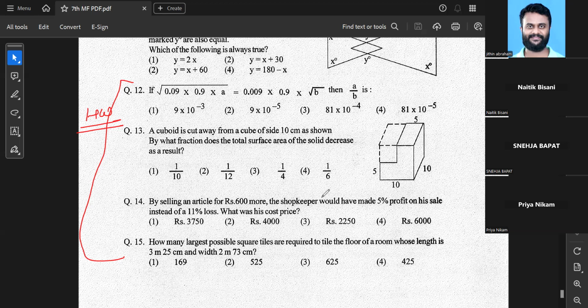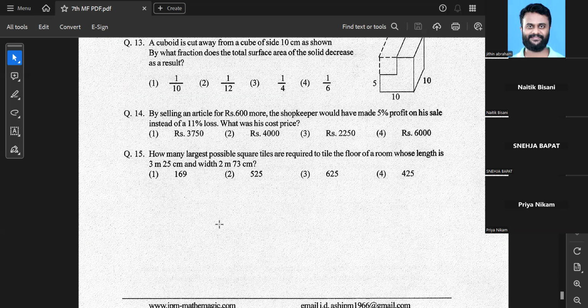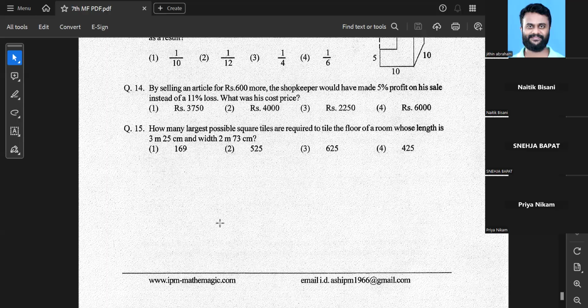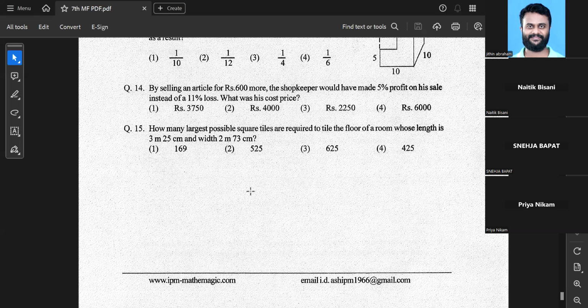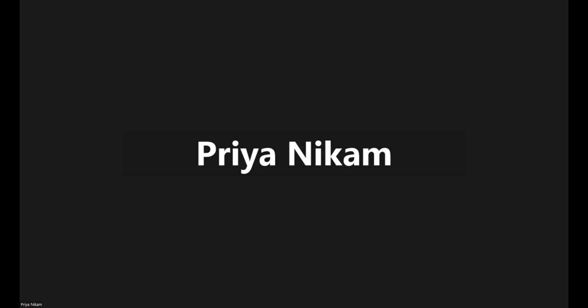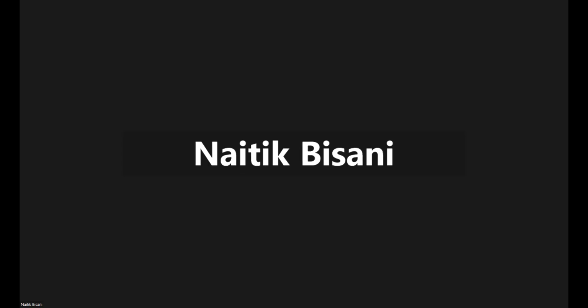Sir, but we don't have the 2020 paper. Okay, I did not check what was there after this. Acha, this is the last paper. Then in the next class, I'll solve your doubts. Sir had sent the 2020 and 21 papers in the group.